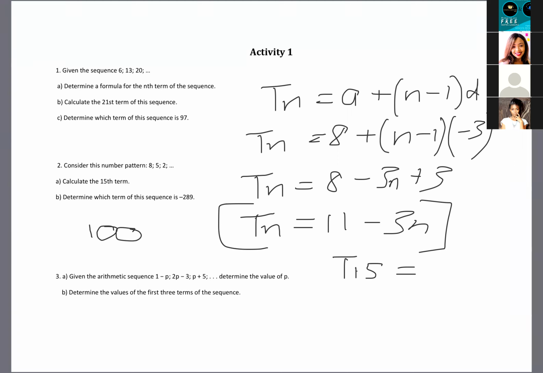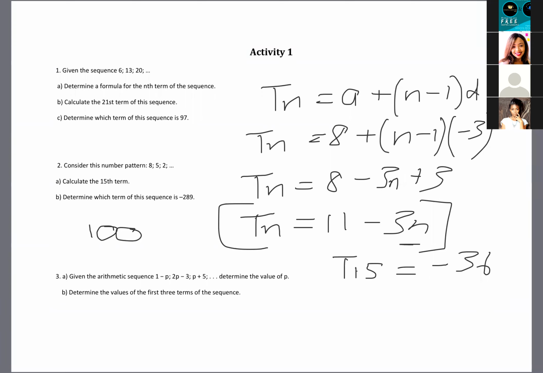Okay. My answer for letter A is -34. -34, that is perfect. So you just substituted the 15 here, right? Yes, ma'am. And then you got -34, okay. So please explain to me how you got B.